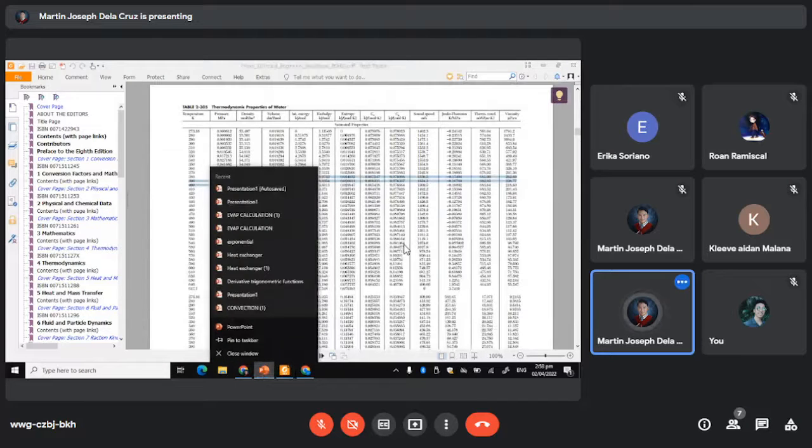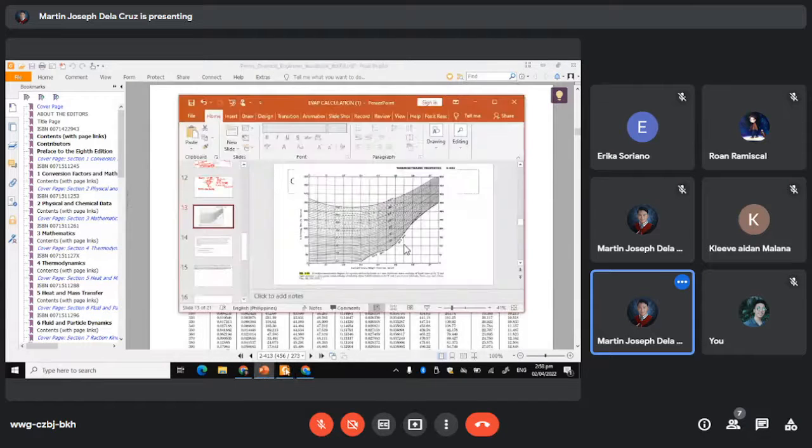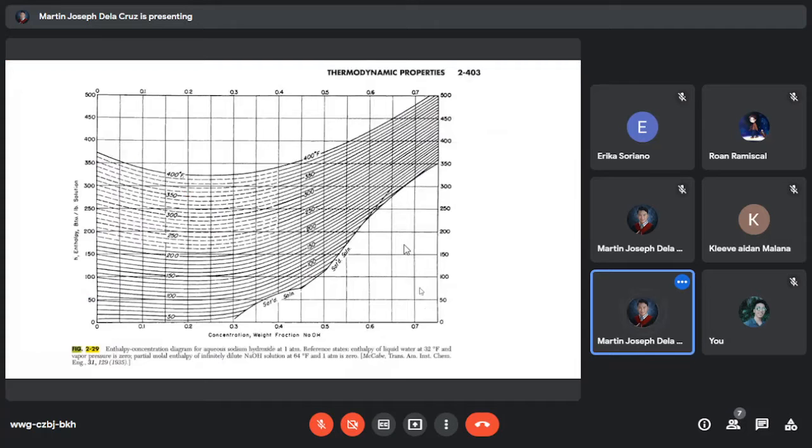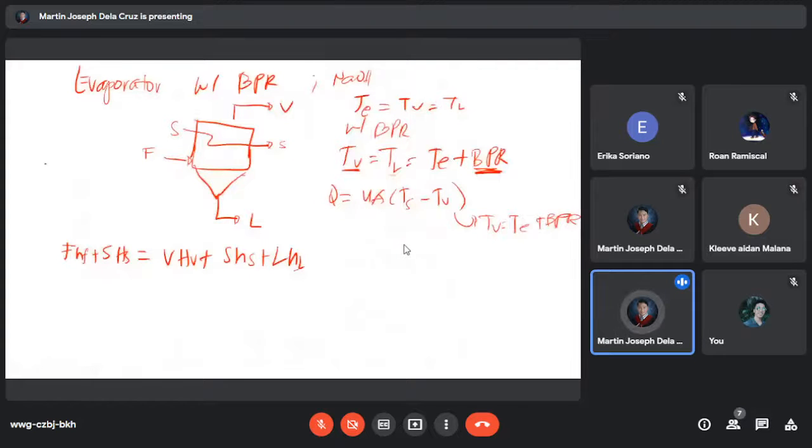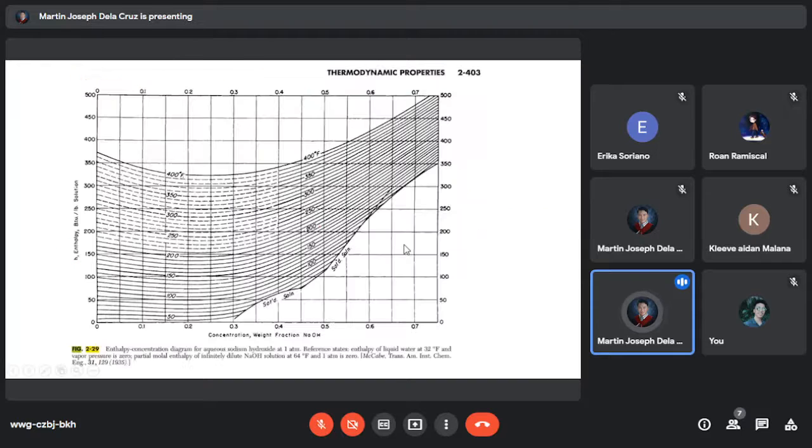Kasi meron naman ako dito. Okay. So, your HF and your HL, kukunin natin dito sa graph na figure 2-29. Okay? So, both. So, yung temperature at saka yung concentration yung gagamitin natin para makuha natin yung enthalpy nila.